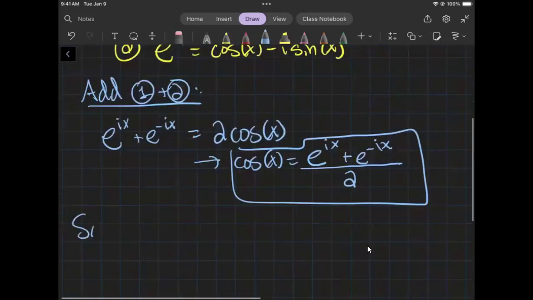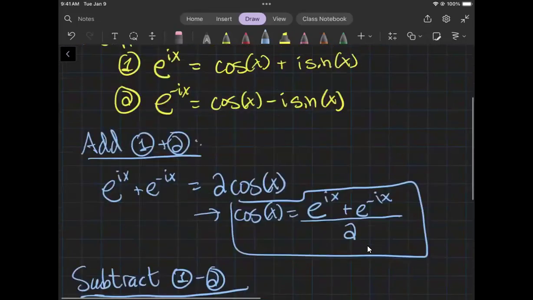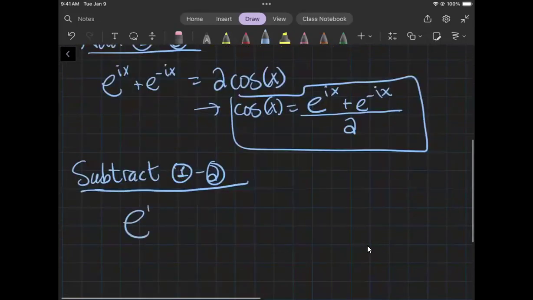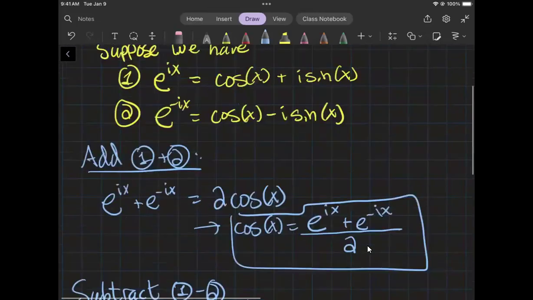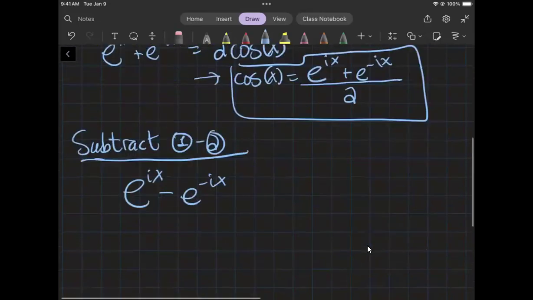If I subtract, on the other hand, the first and the second equations, right? What this is going to look like is e to the ix minus e to the minus ix. And on the right-hand side, the cosine of x terms will cancel, and I will get 2 times I times sine of x.